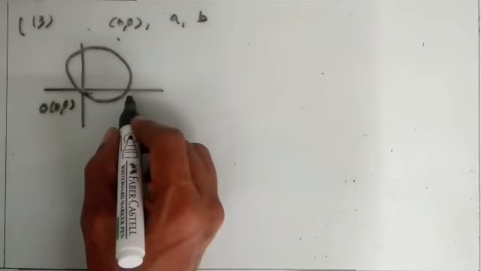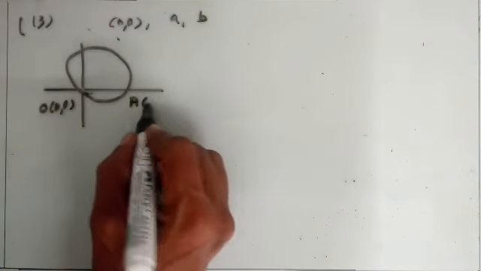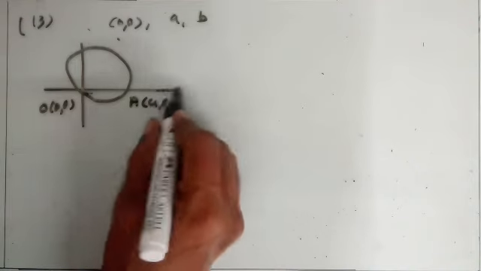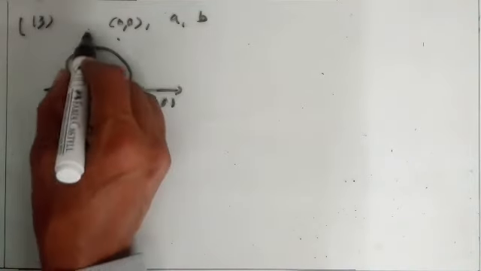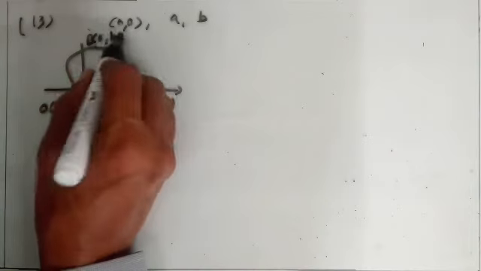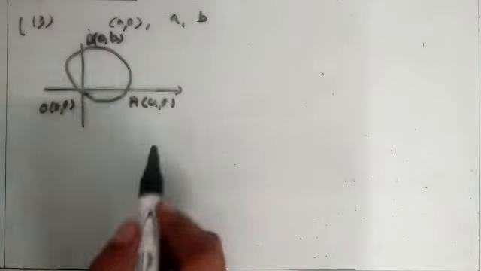That is, the circle intersects the x-axis at A(a, 0) and the y-axis at B(0, b).